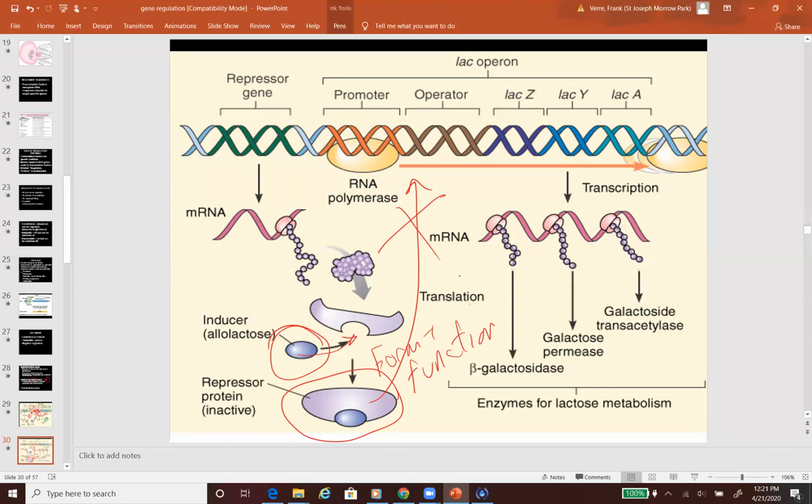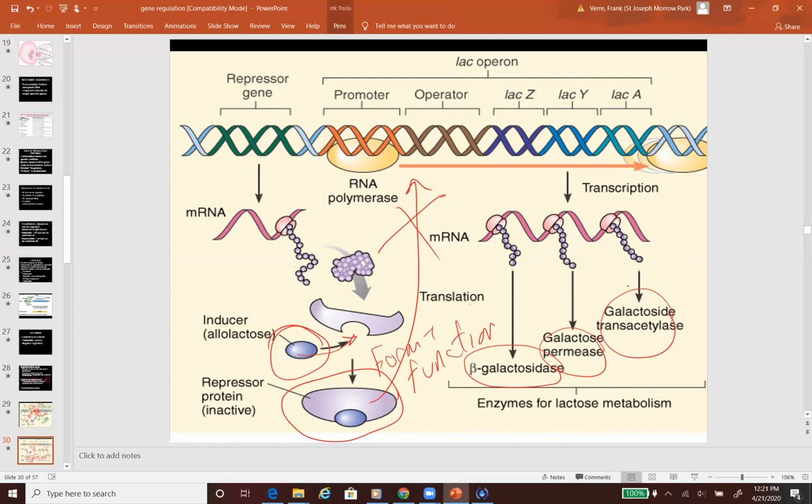So that RNA polymerase then transcribes the genes for the enzyme to break down the lactose, the enzyme to bring in the lactose, and this relatively unknown enzyme.